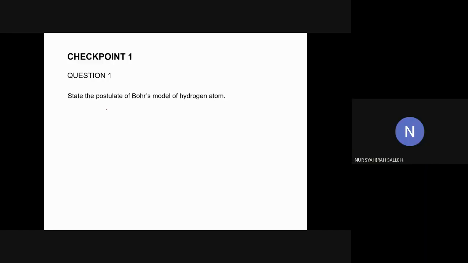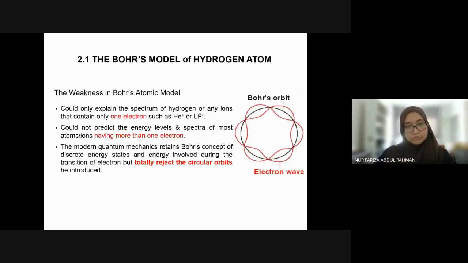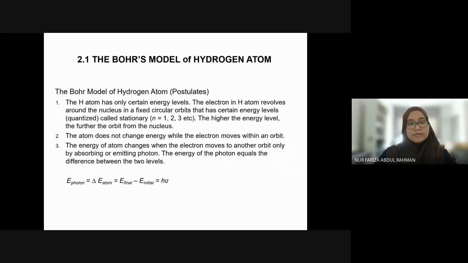The energy of the atom changes when the electron moves to another orbit only by absorbing or emitting a photon. Basically those are the same as what we have in the earlier slide, so make sure you cater all the three keywords. All right, so these are the three postulates postulated by Bohr.